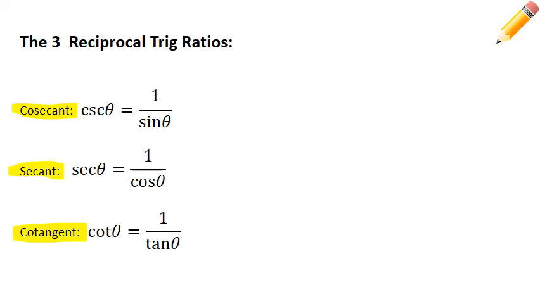So if we think about what we know about the word reciprocal, let's think about if we had 3 over 4. The reciprocal of 3 over 4 is just going to be 4 over 3. We switch the denominator and the numerator and we flip-flop them over the fraction bar, right? So if cosecant, CSC theta, which is pronounced cosecant theta, is the reciprocal of sine of theta, now we're not going to have the opposite over the hypotenuse.